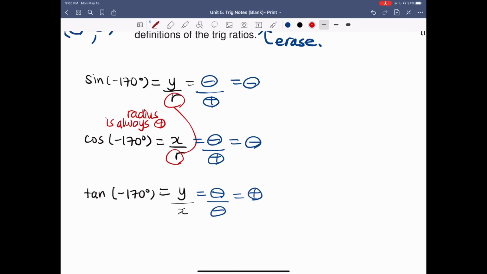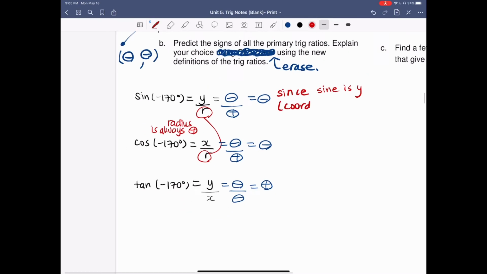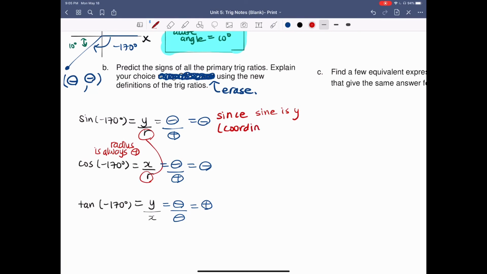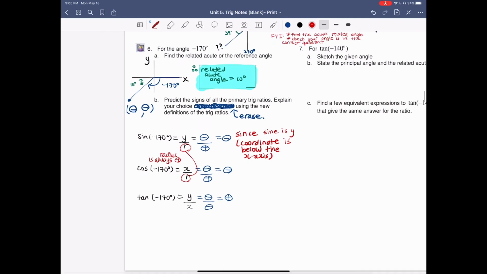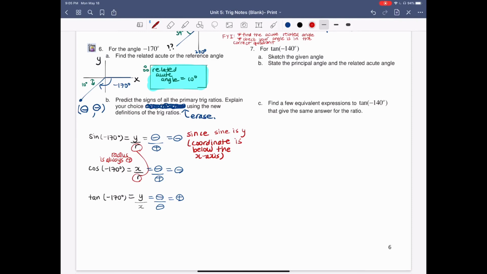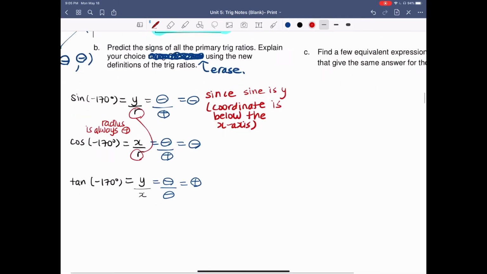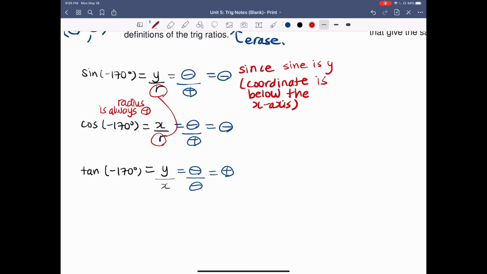For the sine, remember, since sine is y, and we notice that the coordinate is below the x-axis, my y is supposed to be negative, and so everything lines up. My cosine, well, since cosine is x, and it's left of the origin, that being negative also makes sense.